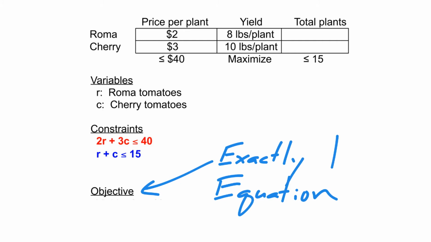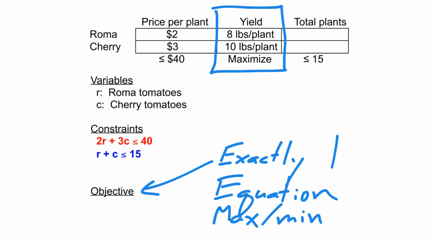And specifically, our objective is what we're trying to maximize or minimize. In this particular problem, hopefully it leaps out to you which one that is, because if I look up at my table, I see that word maximize at the bottom of that column. So I know that my objective is going to have to be the yield.